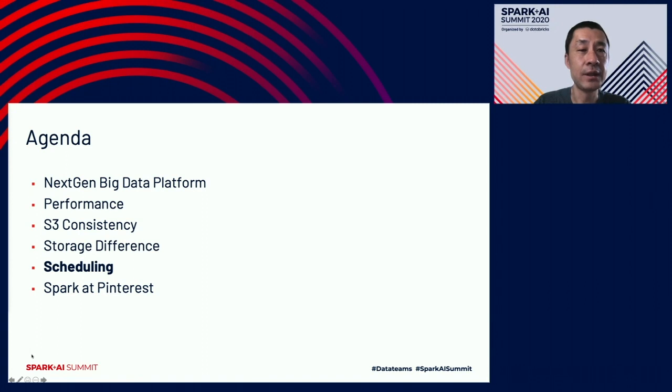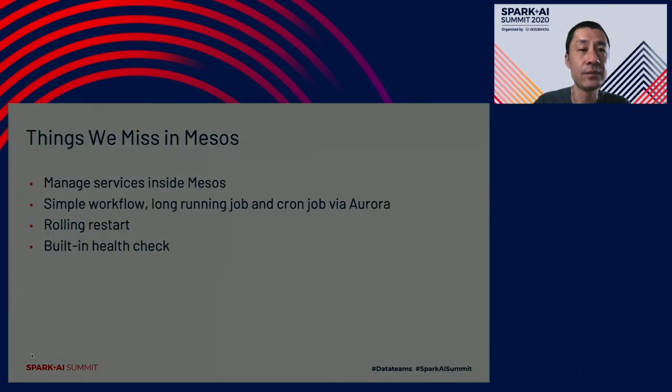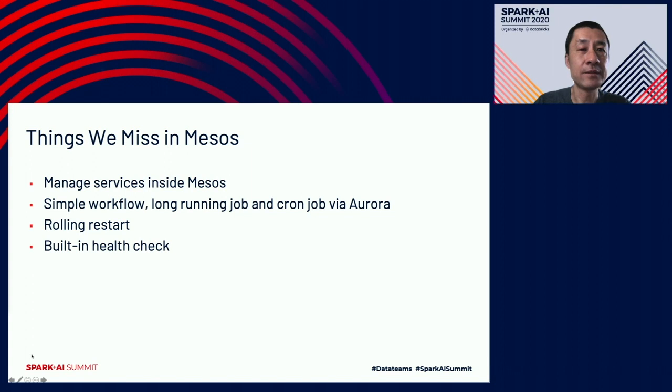Besides storage, the new cluster is also different in resource scheduler. The old cluster is using Mesos, and the new cluster is using Yarn. There are a couple of things we miss in Mesos. First, we can manage every service inside Mesos, but in Yarn, long-running services such as Zookeeper and Hive Metastore are separate entities.